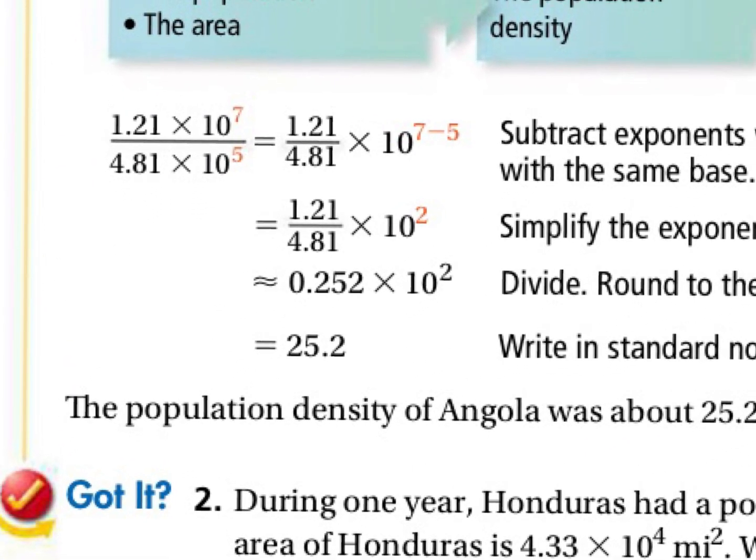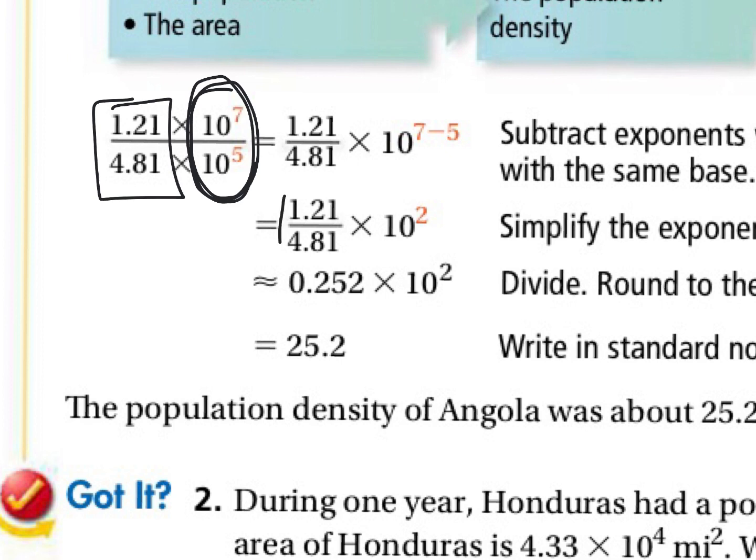So what you can do on this is you can just look at the numbers that are out in front. You can make those into a fraction. These both have 10 to a power since they're in scientific notation. If you divide like bases, you can subtract the exponents, or you could just say I have 2 more factors of 10 in the numerator. That would be 10 squared.